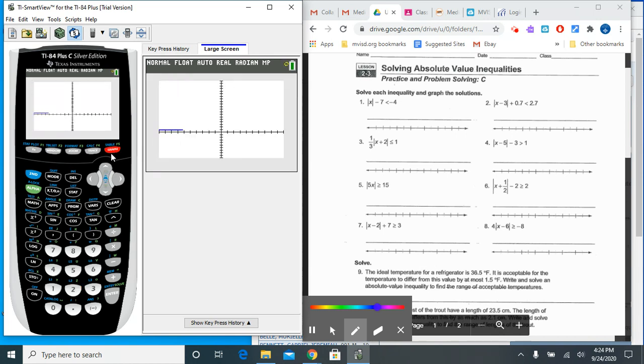And we graph that. And so this is going to be an or, because our raised values are on the left and to the right.